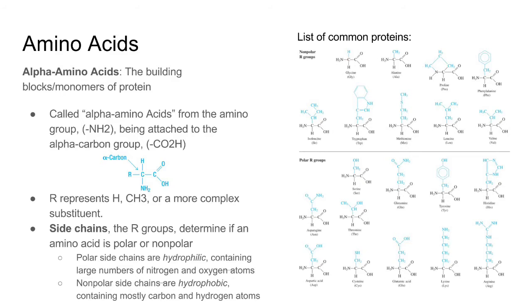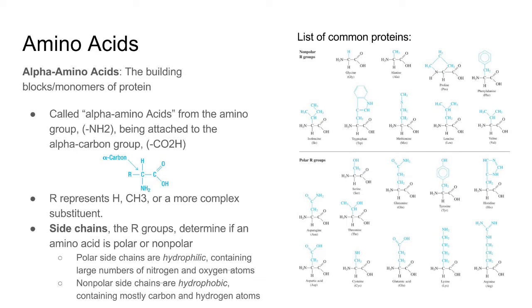The building blocks, or monomers, of protein are called alpha amino acids, which have the amino group NH2 attached to the alpha carbon, along with the group CO2H in the example. R shows H, CH3, or a more complex substituent.